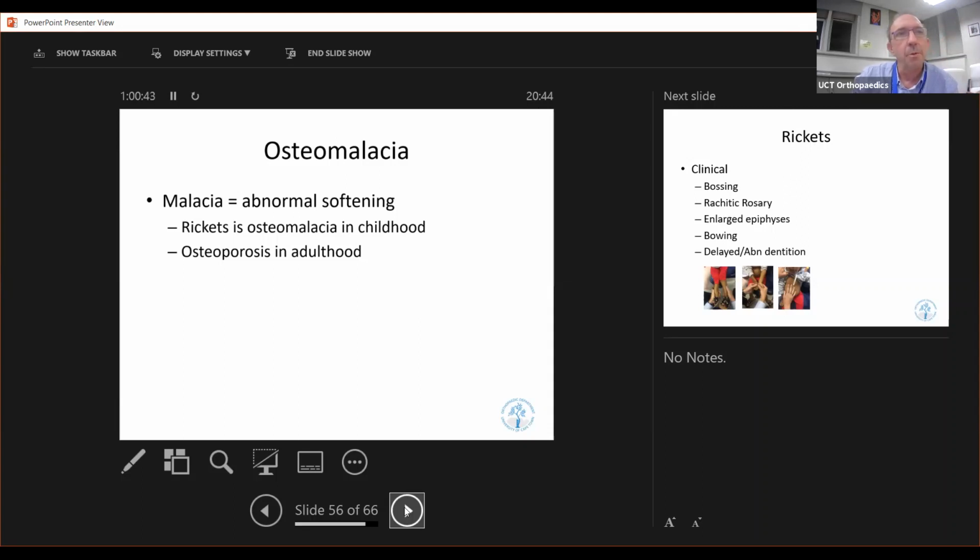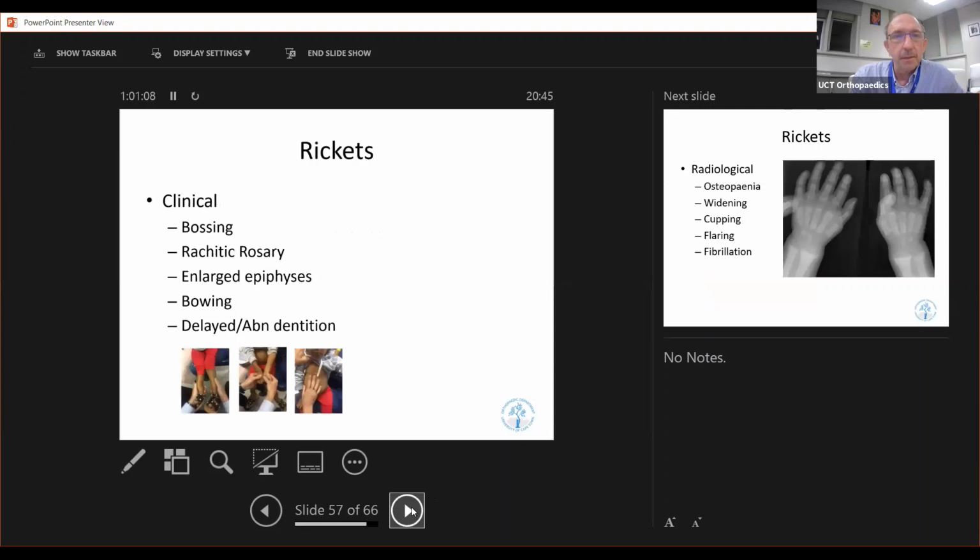Remember the POOF mnemonic that we talk about for your soft bone diseases: the P for Paget's, adults, H for hyperparathyroidism, and the triple O's, osteogenesis, osteomalacia, which is Rickets, and osteoporosis in adults, and then the F for fibrous dysplasia. You can WhatsApp me if you want that all over again.